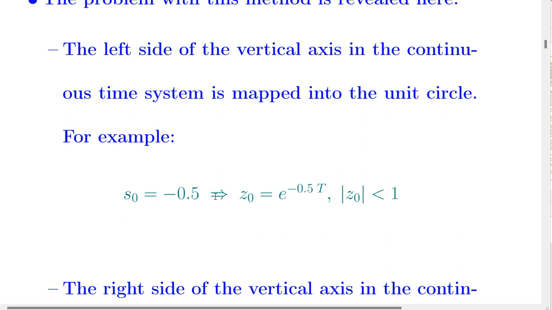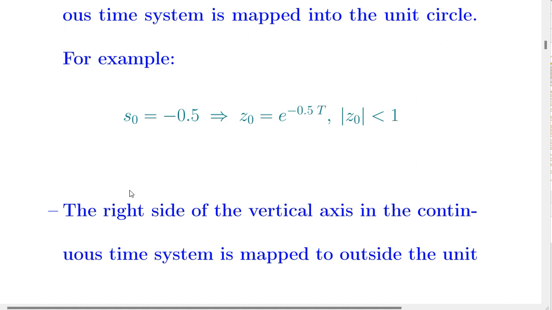So the left part of the s domain will be mapped to inside the unit circle in the z domain. That's very good. A stable system will be mapped into a stable system in its digital counterpart.